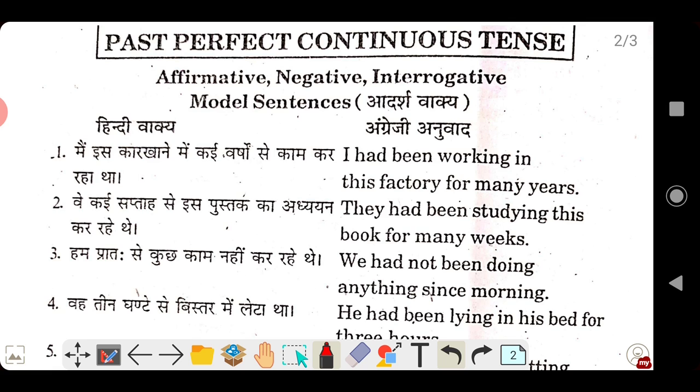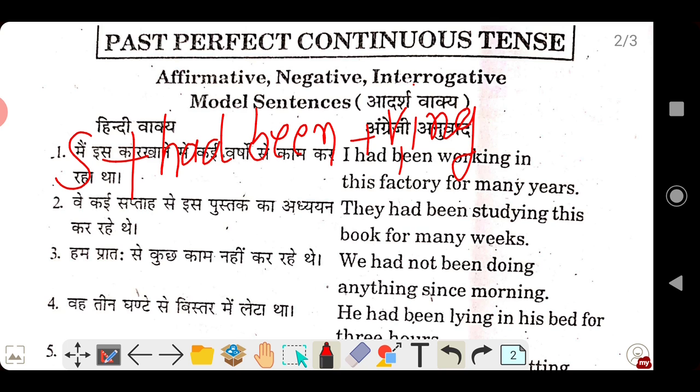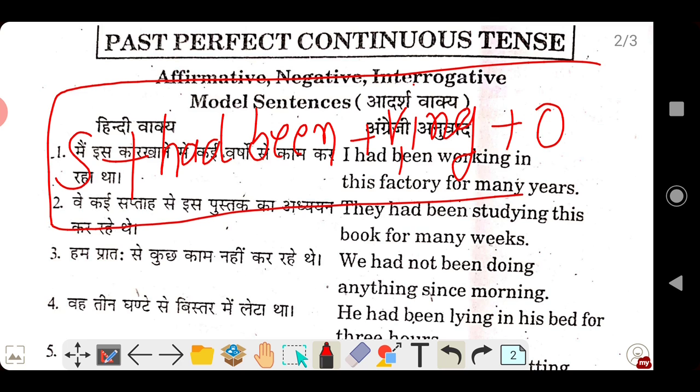Let me write it on the screen: subject plus had been. Whatever the subject is, you use the same auxiliary verb, then the ing form, and here we use the verb first form plus object. This is the key rule of this tense: subject plus had been plus verb ing plus object. Had been will be the same in every sentence, so don't worry about it.